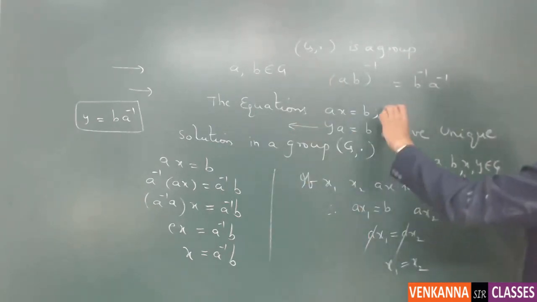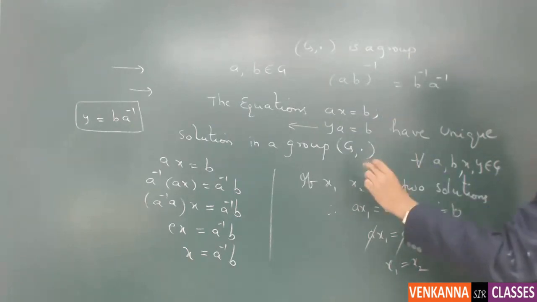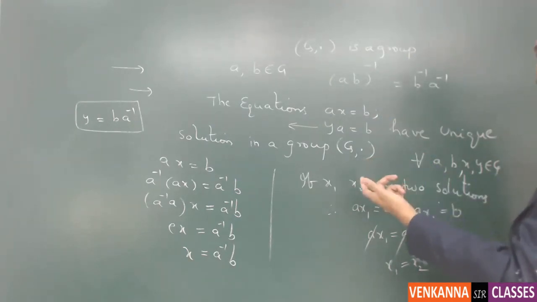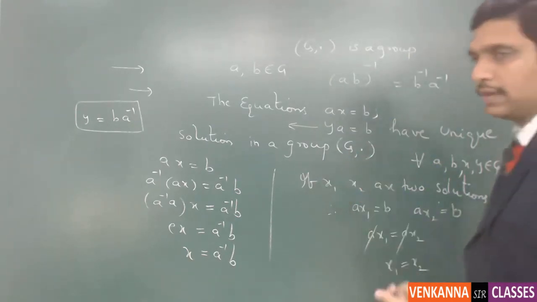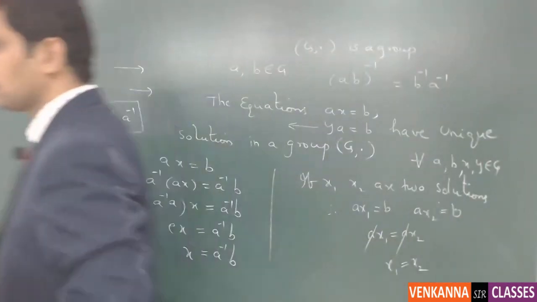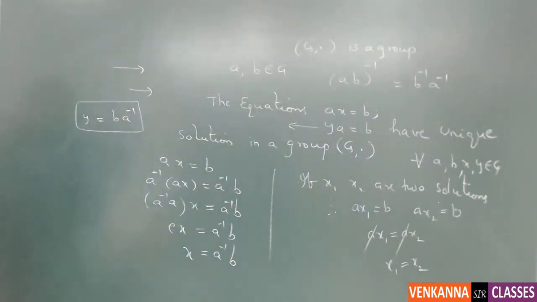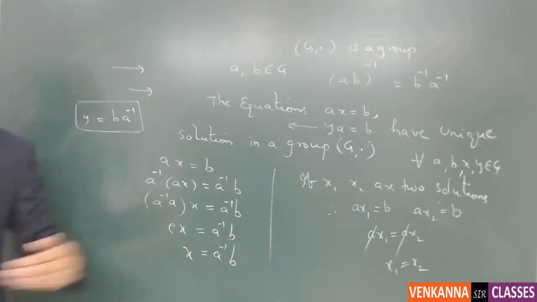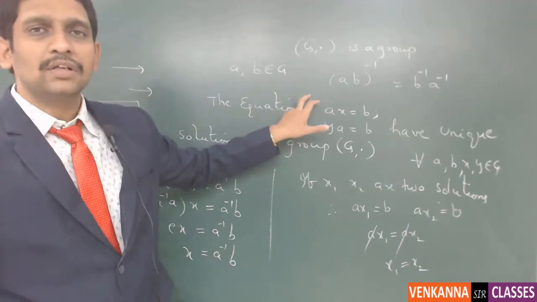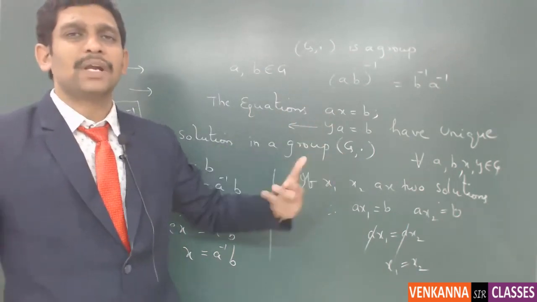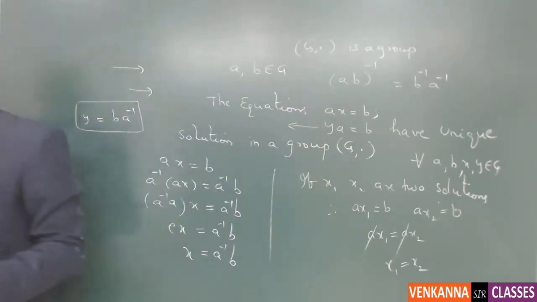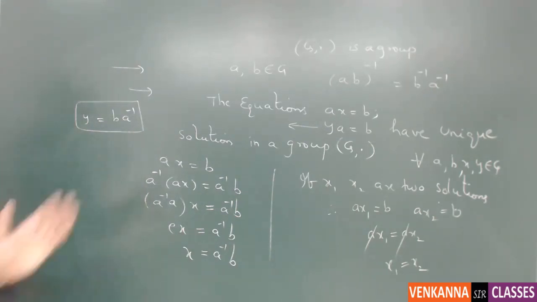So this type of condition we use to prove that a semigroup will become a group. Please take a note of that. Apart from verifying the four properties, you can verify this condition to show that a given set becomes a group. If you have noted this, then I take the next one.